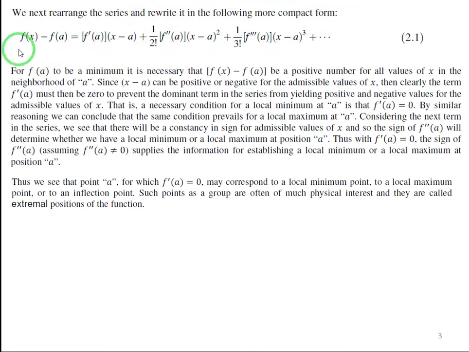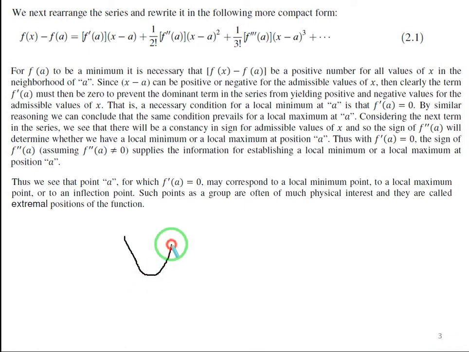Okay, let's focus on these equations. If point A is a local minimum of the function f, then the left-hand side of this equation, let me draw a picture.